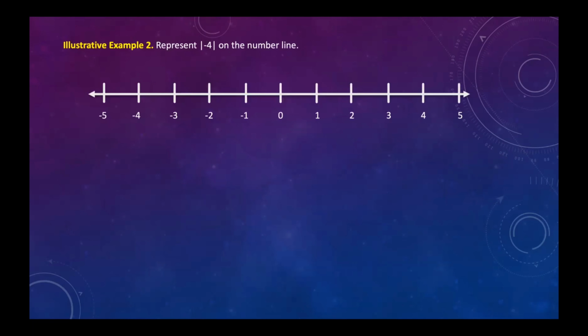On illustrative example number 2, please represent negative 4 on the number line. The distance of negative 4 from 0 is 4 units. So 1, 2, 3, 4. Go to the left side, because the left side is negative.